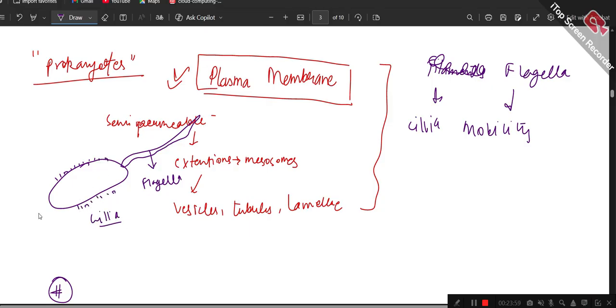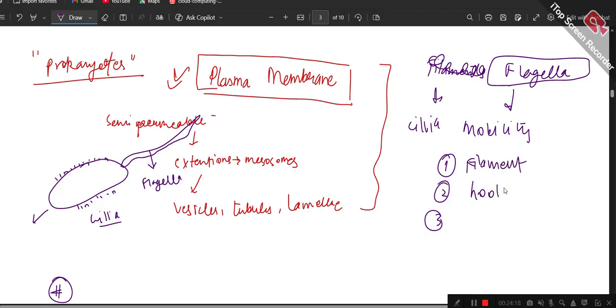That also helps the mobility of the cell. The flagella is made up of three different parts: the filament, the hook, and the basal body.